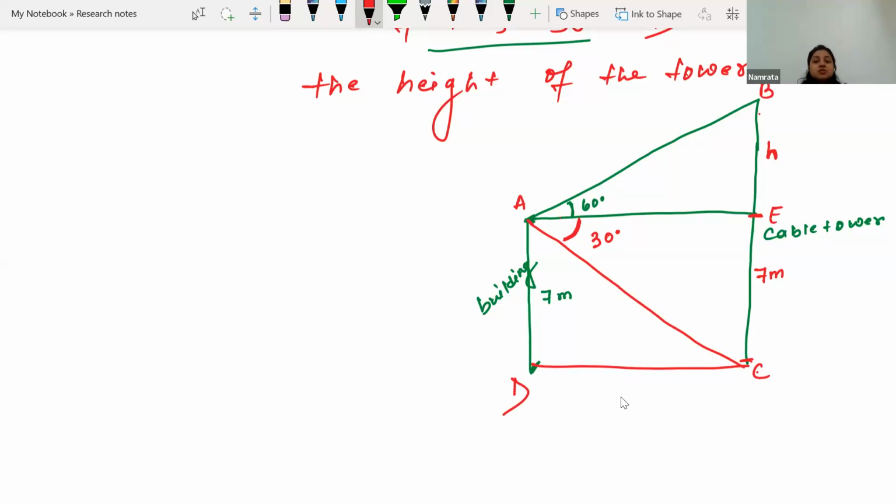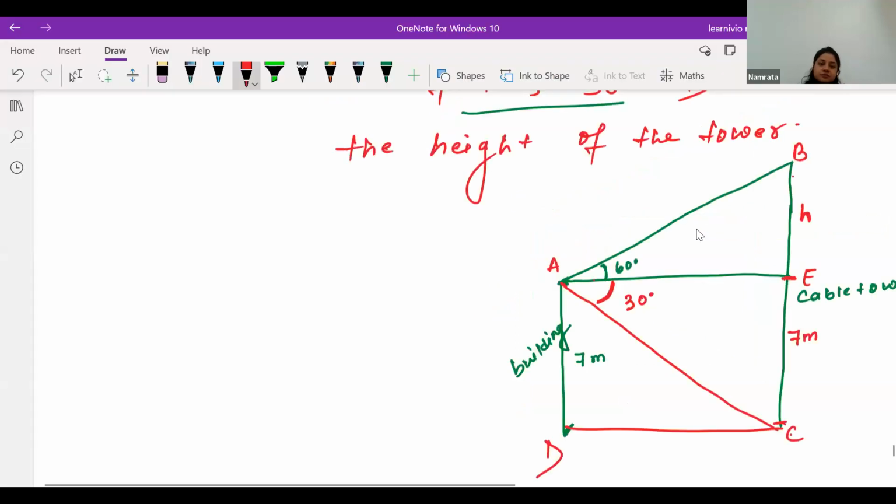Now tell me which trigonometric ratio will help us. Any idea what to do over here?